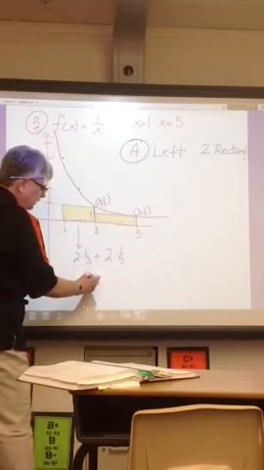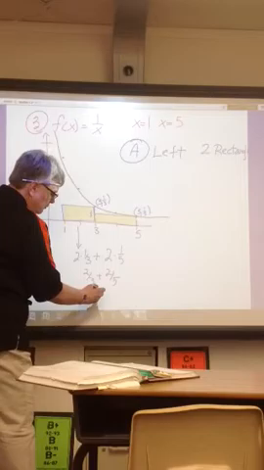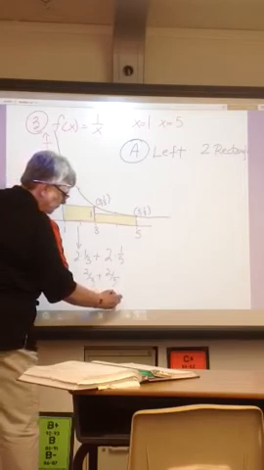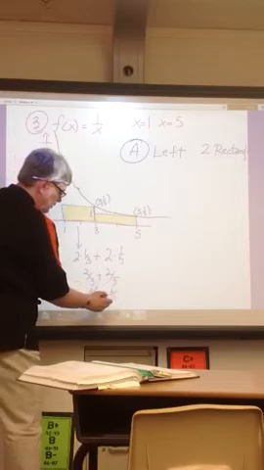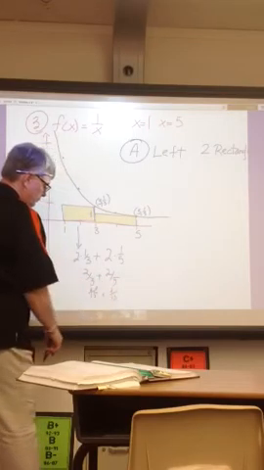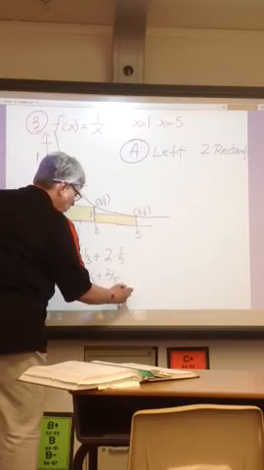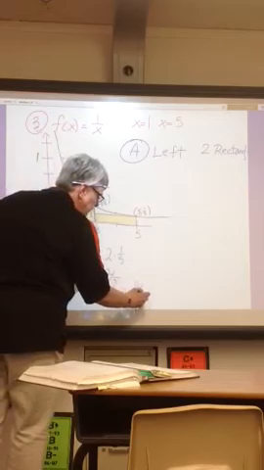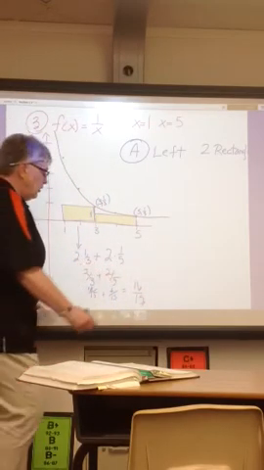So we need to take 2/3 plus 2/5. We'll change them to 15s. So we're going to get 16/15 is our area, and it is an under.